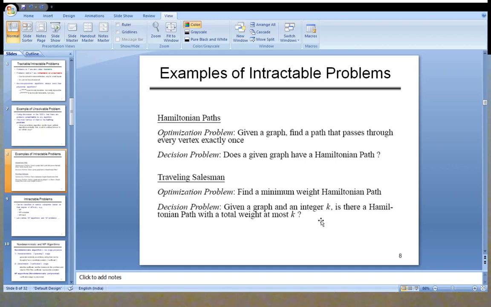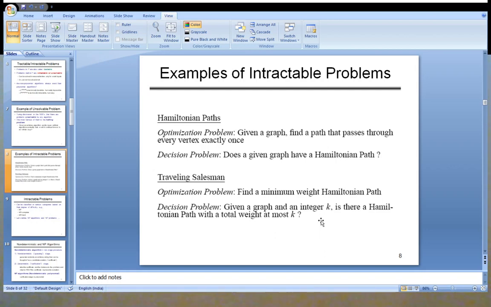Some of these problems are the Hamiltonian path. In the Hamiltonian path, we have to find a path that passes through each vertex exactly once, and this is a very easy problem for small inputs. But this problem becomes very intractable when the number of inputs increases. Similarly, in the traveling salesman problem, the salesman travels through all the nodes and moves back to the initial node.